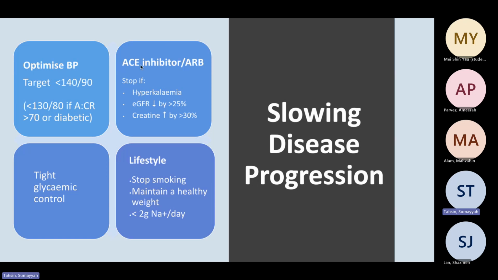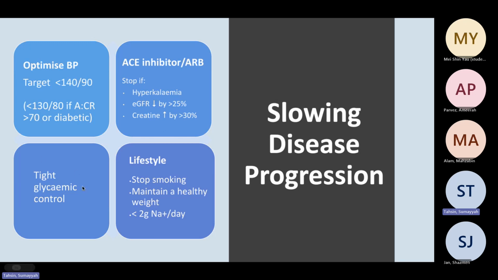We'd start the patient on an ACE inhibitor or an ARB to protect their kidneys. However, if the patient has hyperkalemia, or you see their eGFR decrease by 25%, or their creatinine increase by 30% in the time since starting their ACE inhibitor, we'd have to stop it.